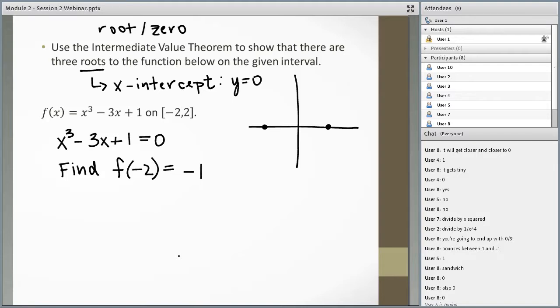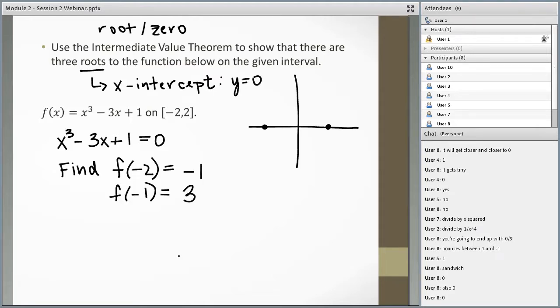So at -2, the graph is below the x-axis. But then if I plug in -1, so I'm just moving across the interval between -2 and 2, what do I get? I get the value of 3.